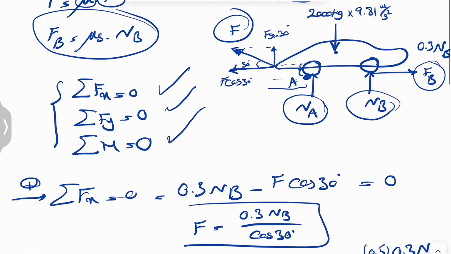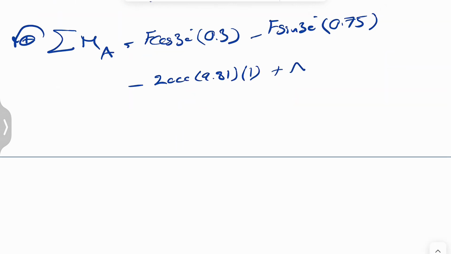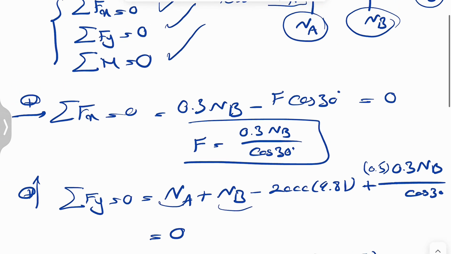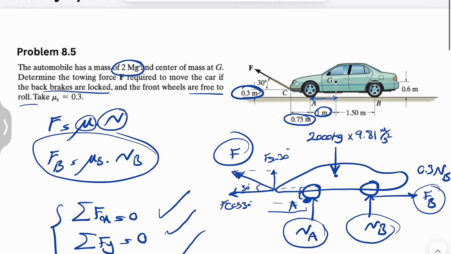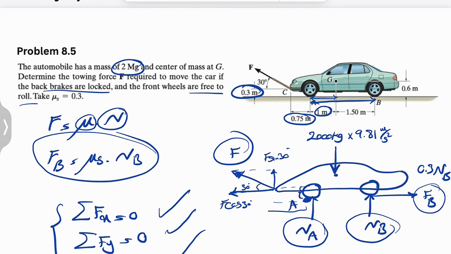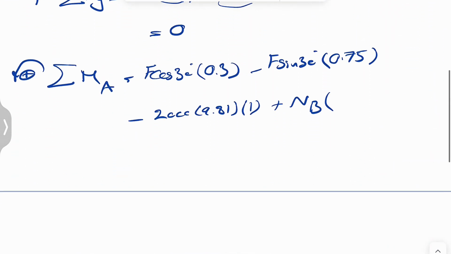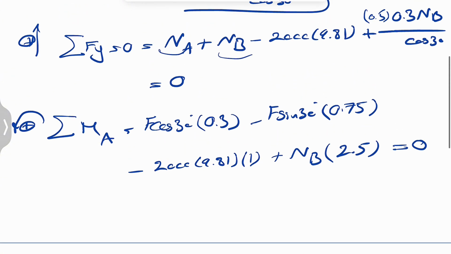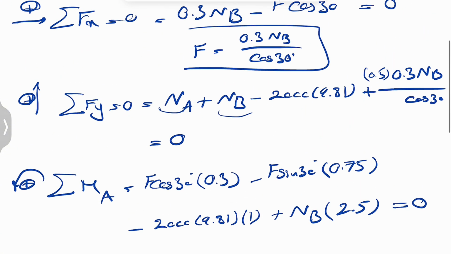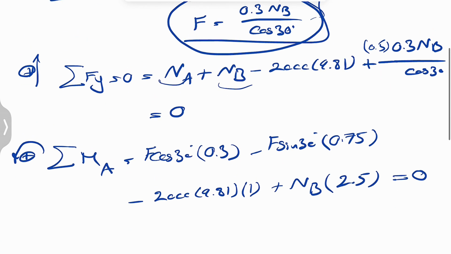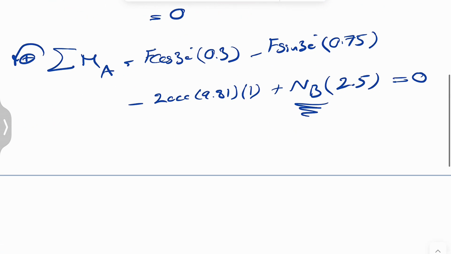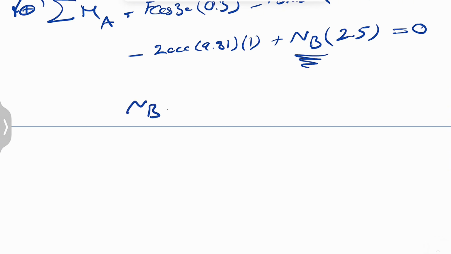And the last one is the moment of the NB, which about A is counterclockwise, so positive NB, and the distance from NB to NA is 1 plus 1.5, which is 2.5. And that's going to equal 0. So if we plug our F into the last equation, we're going to have one single equation based on NB.